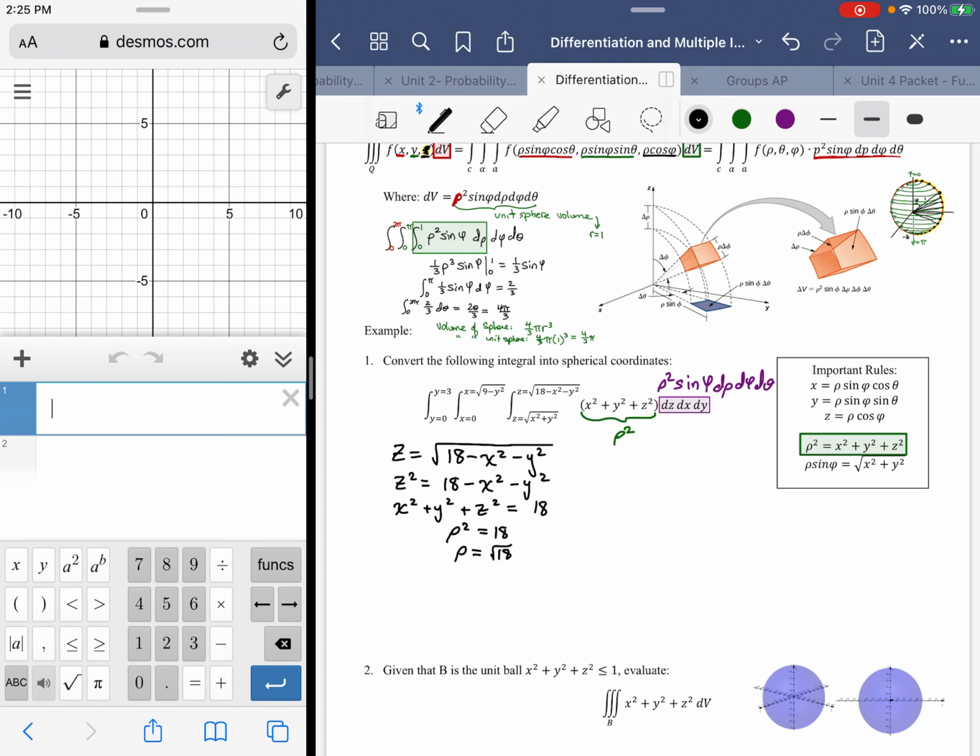We'd be saying that this is going from rho equals 0 to rho equals root 18. All right, so we got one set of bounds there. And we just need the rest.